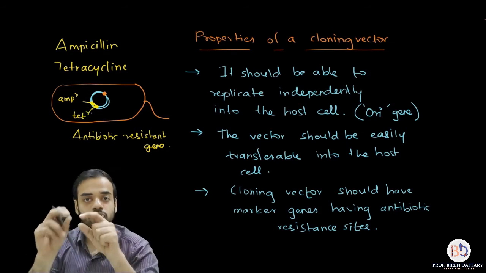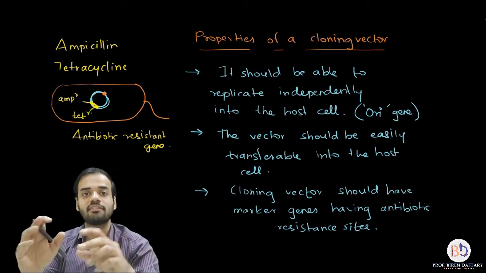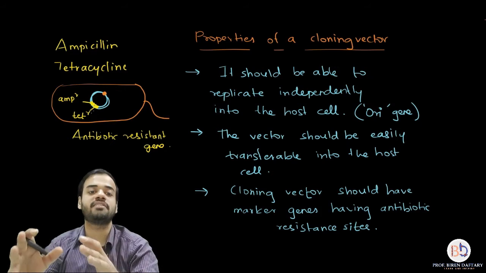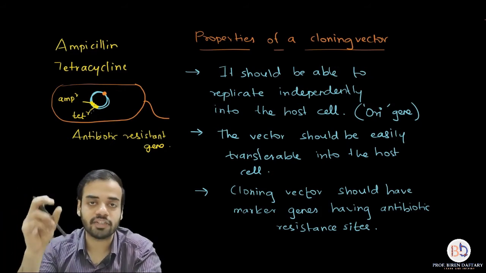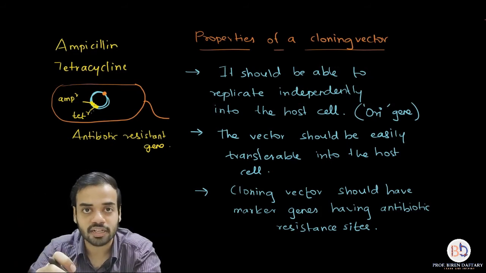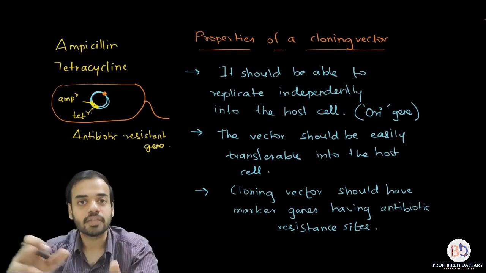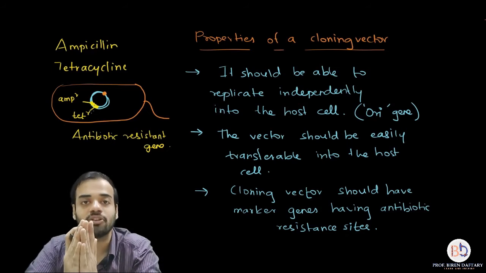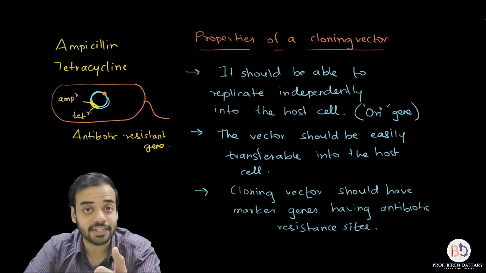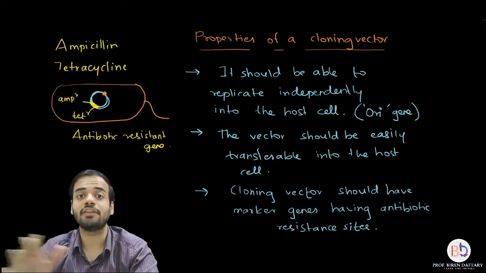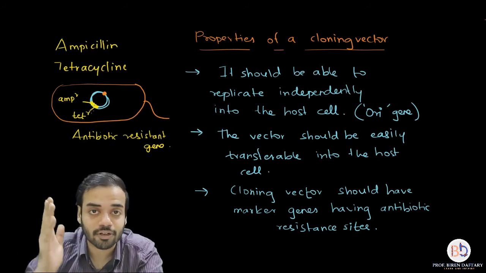So if these two genes are present on the vector, that means the vector cannot be harmed by ampicillin or tetracycline. Now when you add this same vector into the host cell, that bacterium also cannot be killed by ampicillin or tetracycline, because if you add them to kill that bacterium, those genes will nullify or negate the effect of the antibiotic.